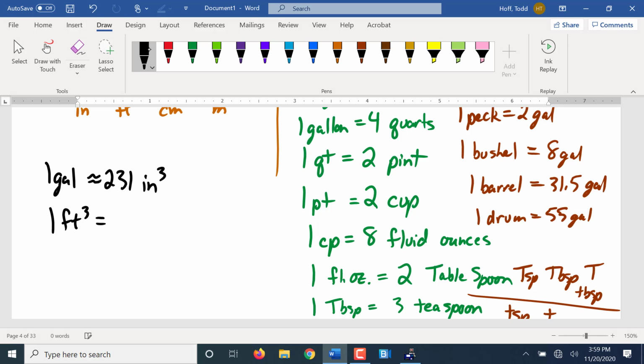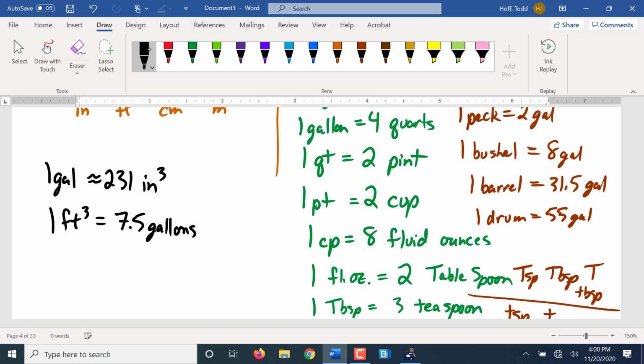And 1 cubic foot, now you guys are familiar with a 5-gallon bucket, right? Would you say that's more or less or about equal to a cubic foot? About equal? Most people would say about equal. It's actually considerably less. 1 cubic foot's about 7.5 gallons.